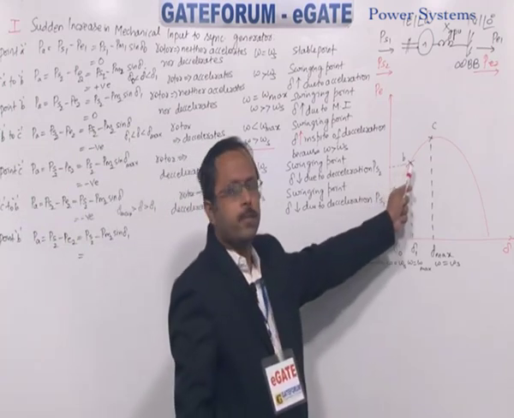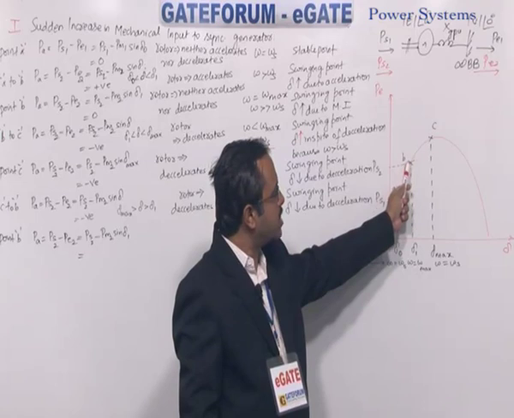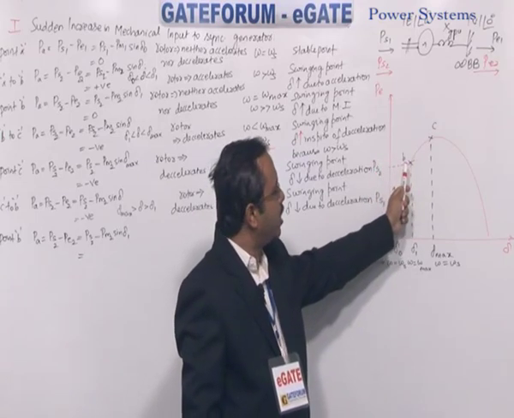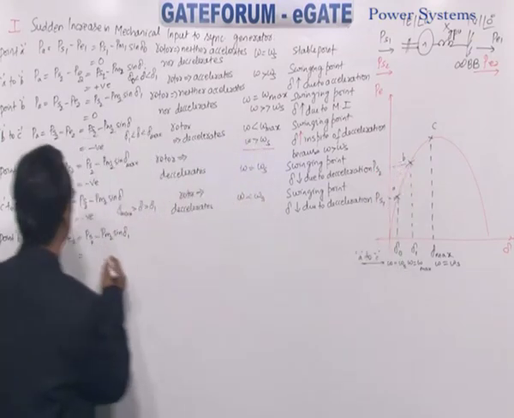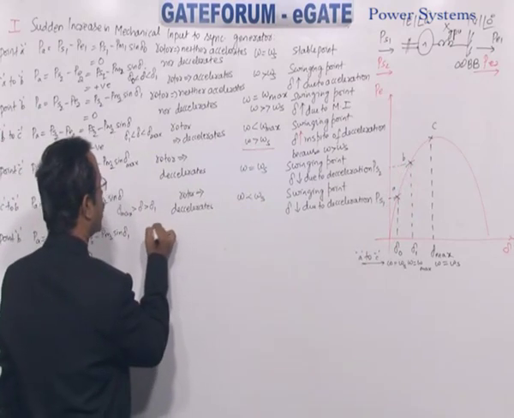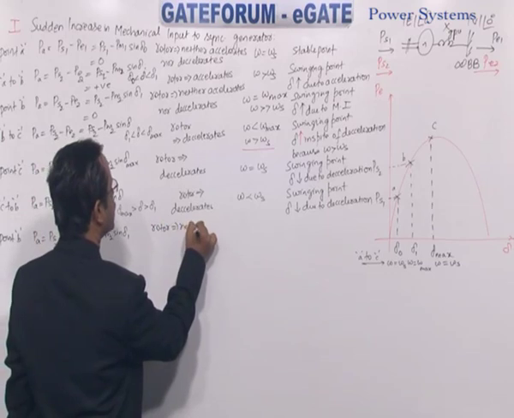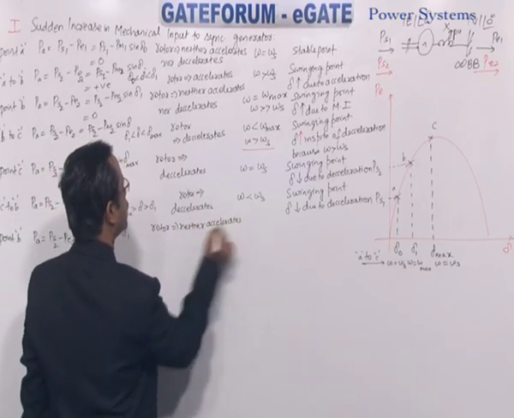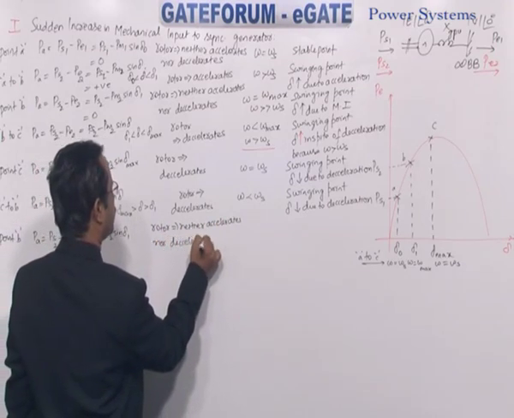At the point B, electrical output is the same as mechanical input. So what about the difference? 0. Then what about the rotor? Neither accelerates nor decelerates.